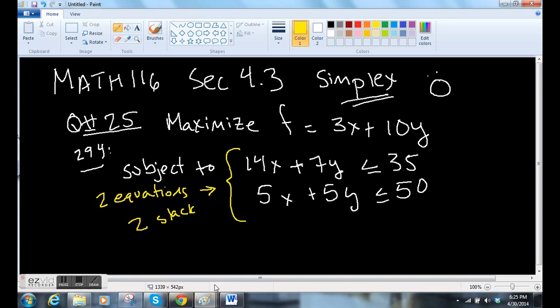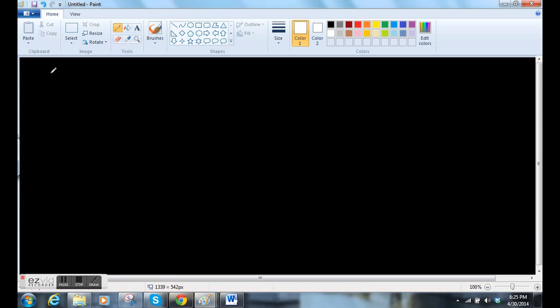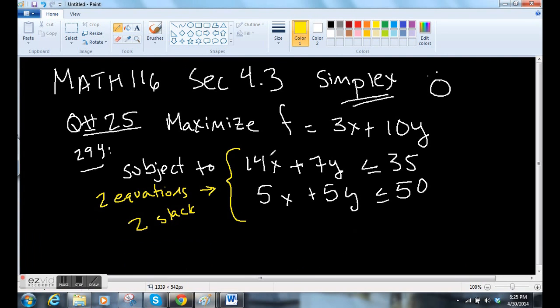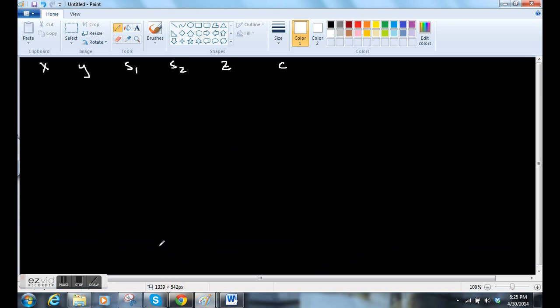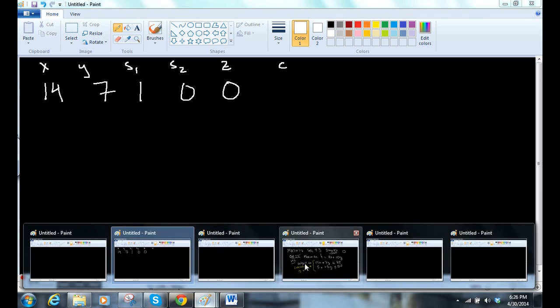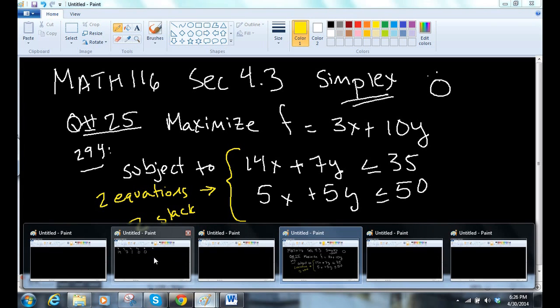So I make an augmented matrix with columns x, y, slack variable 1, slack variable 2, our function, which I'll call z, and then the constants. This isn't the row, this is just me getting organized. The first row is the coefficients of the first inequality: 14, 7, slack variable 1 goes with this, and the constant is 35.